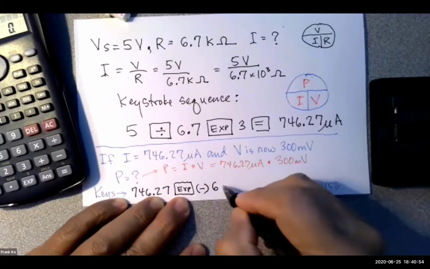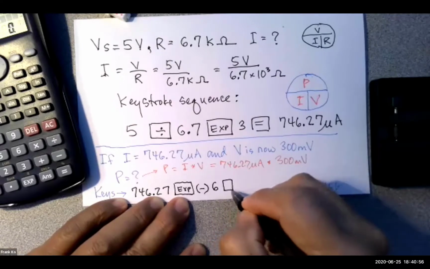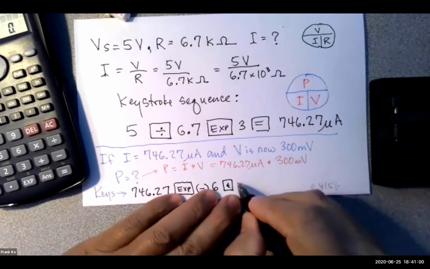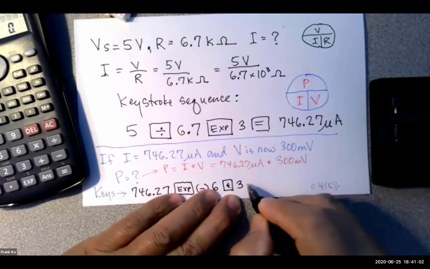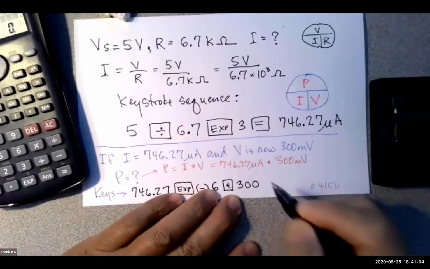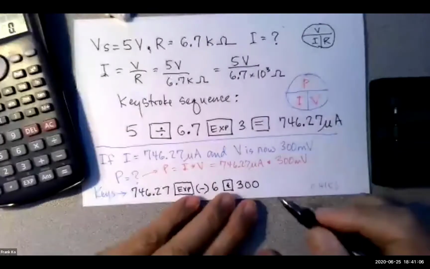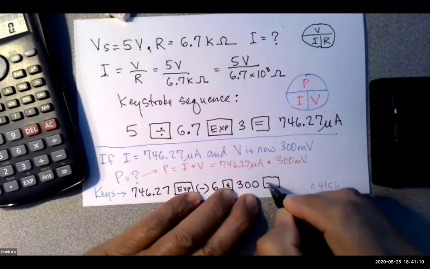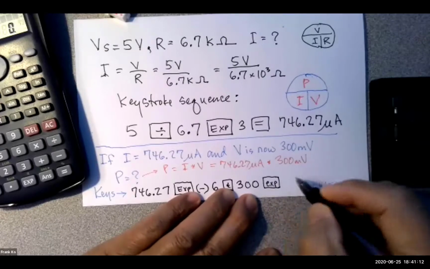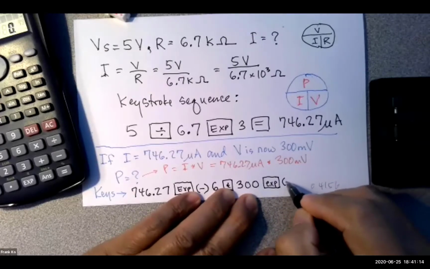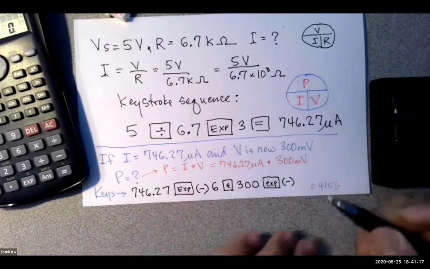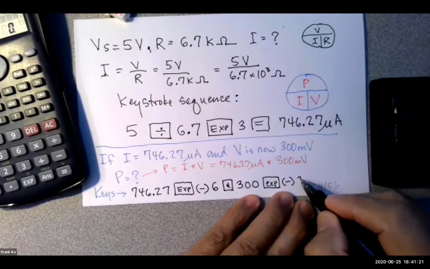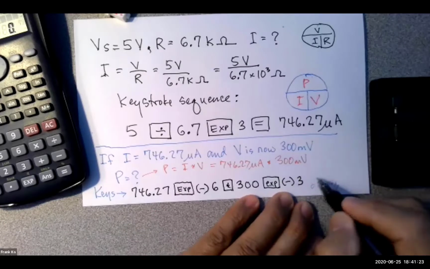-6. Now I'm going to multiply this by the 300 milli, but I have to key in 300. Now, how to tell the calculator milli? I have to hit my exponent one more time, exp, and milli is again a negative power of 10, but unlike micro, which was -6, milli is a -3, like so.